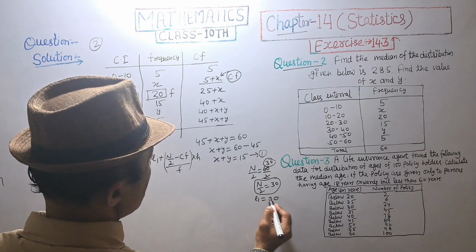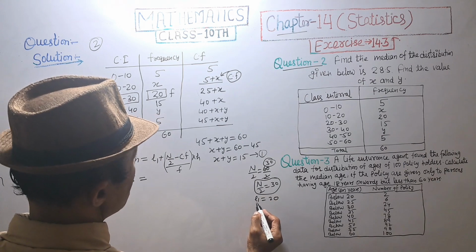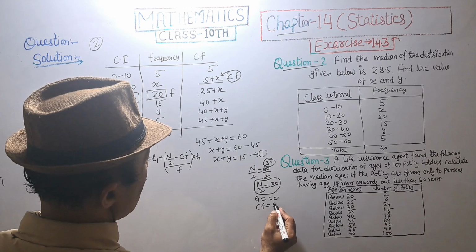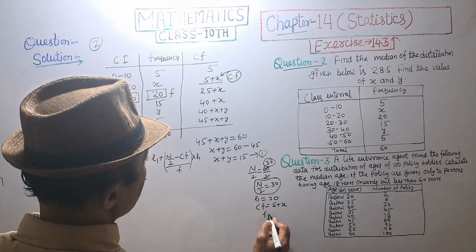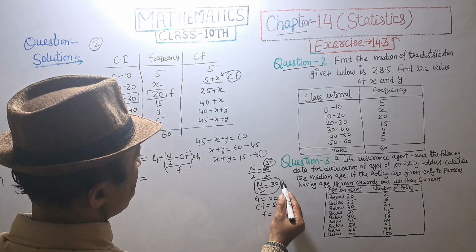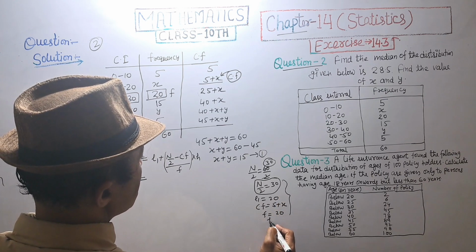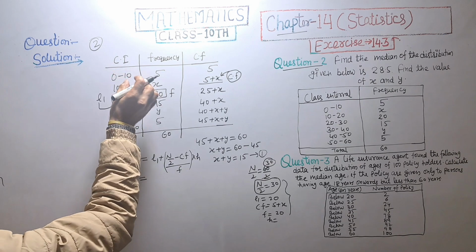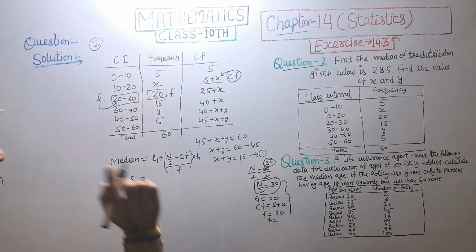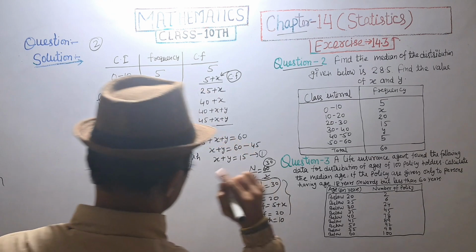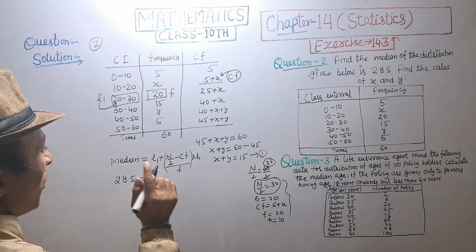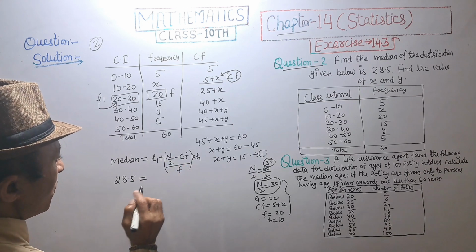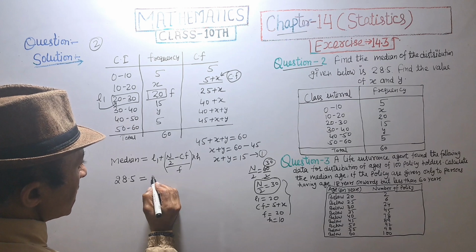So L1 is equal to 20, N/2 is equal to 30, CF is equal to 5 plus x, and f is equal to 20. And h is the difference in the class interval, that will be 10, h equal to 10.